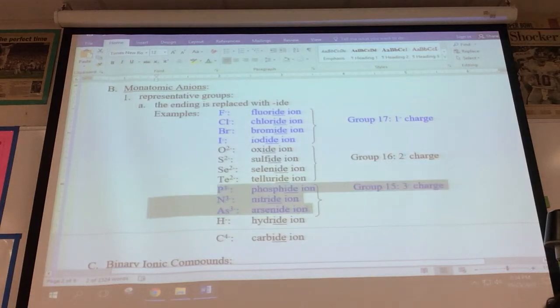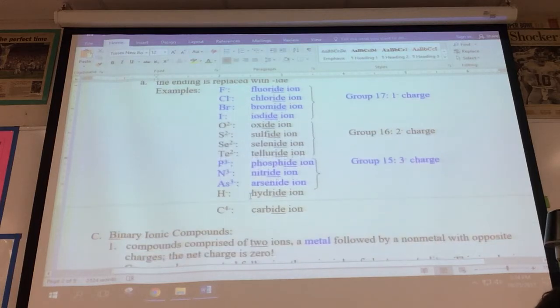Group 15, you've got phosphide, nitride, and arsenide ion for phosphorus, nitrogen, and arsenic. And that's why I said you need to know the monatomic anions. It's something you want to memorize, certainly for Friday, preferably for Wednesday, but you have a test Wednesday, so you probably won't look at it.